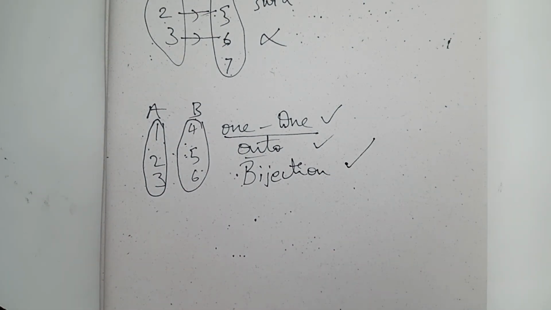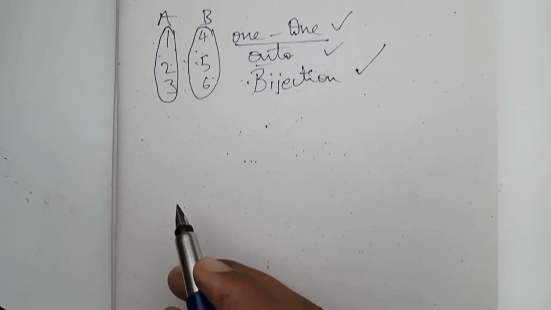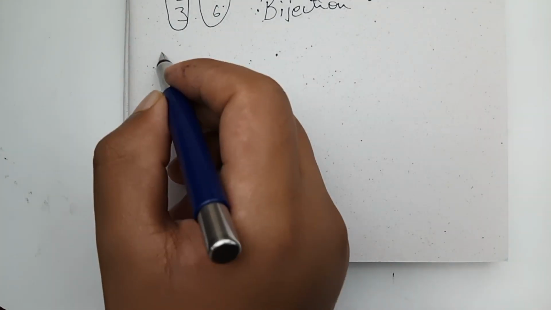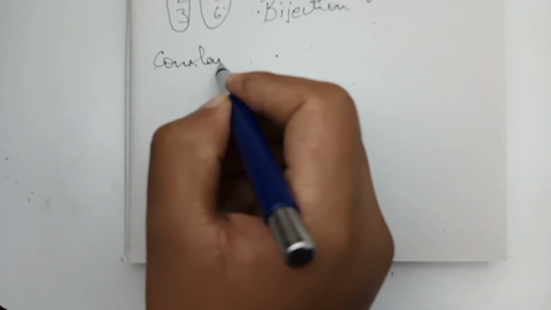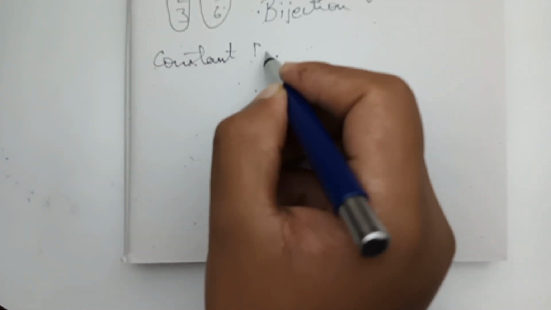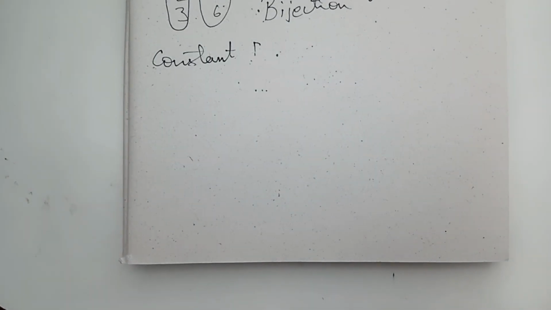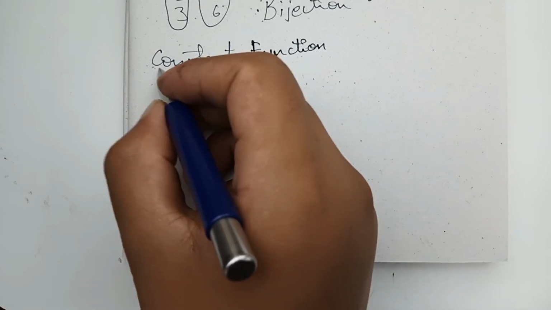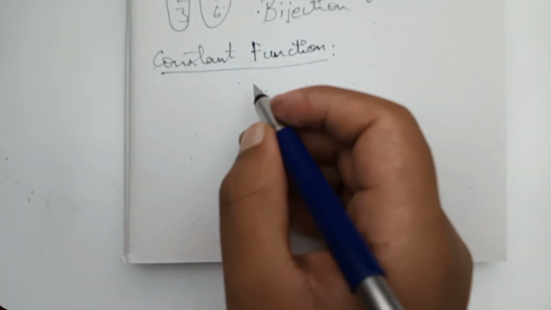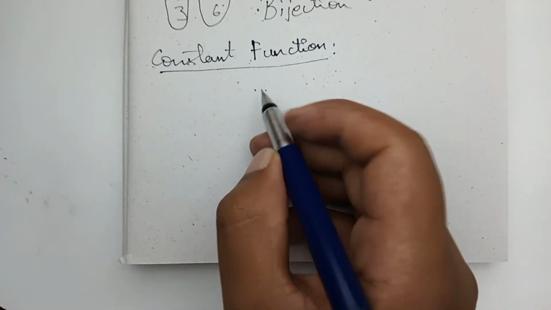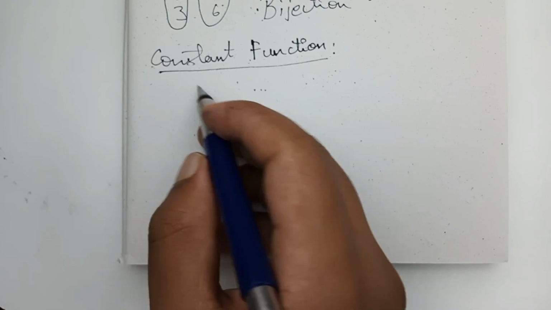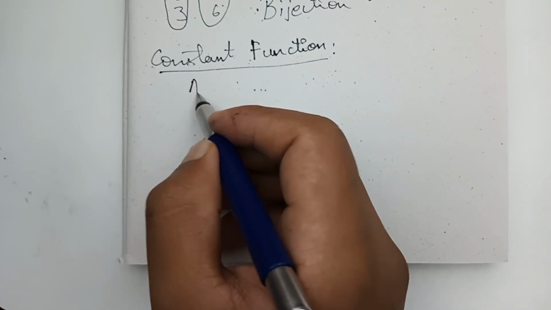Now we are going to talk about the constant function. There is nothing here to say. There is a diagram. I will explain it.